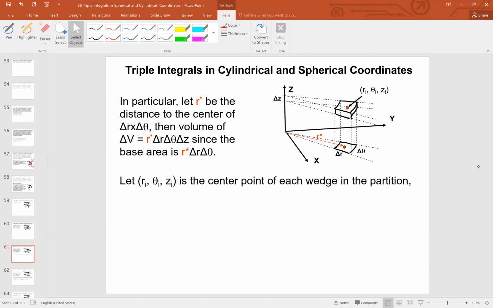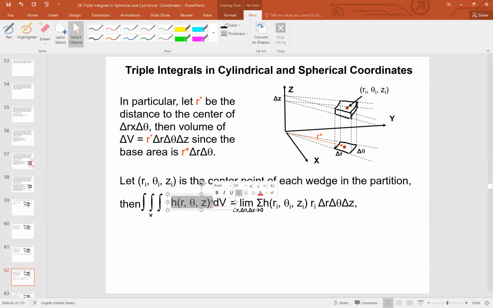Now, suppose I have a function defined over a solid, described with cylindrical coordinates in this manner, and the integrand is, for instance, h, the density at a point in the solid. I multiply by the volume of the little wedge chunk, and the entire thing will be roughly the mass of that chunk.